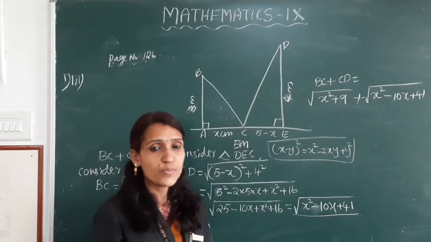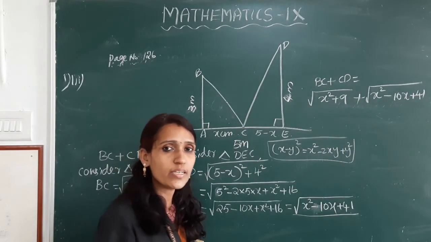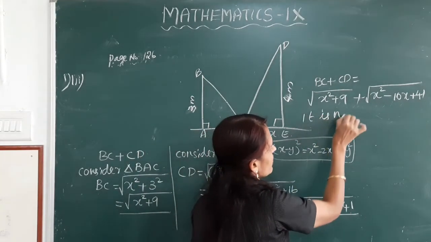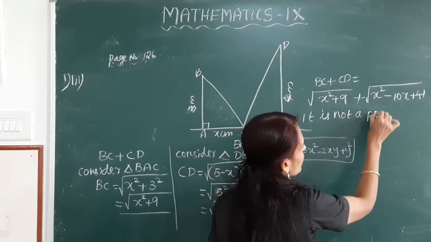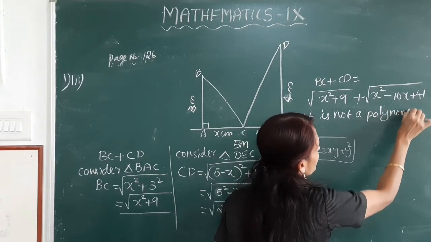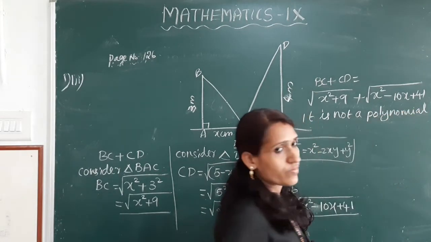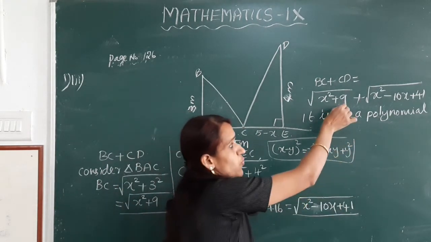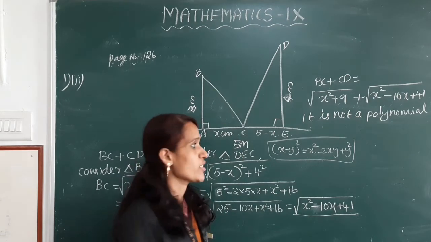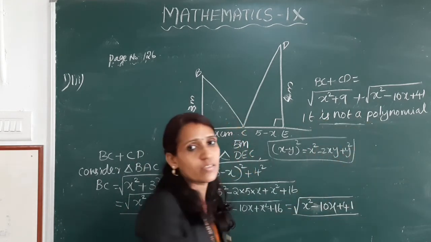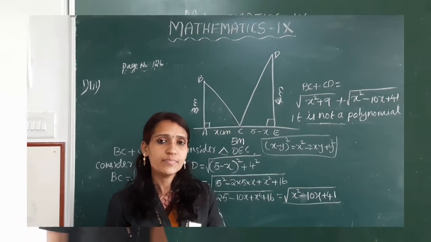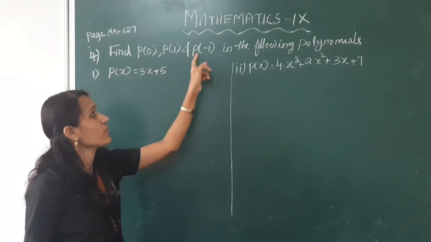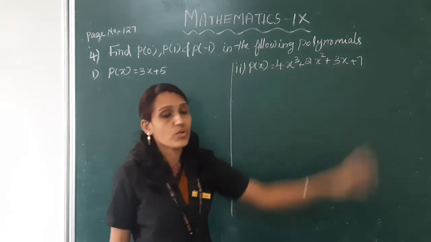This algebraic expression is not a polynomial, because it is a square root form, right? So it is not a polynomial. Clear, children? Next question. Find P of 0, P of 1 and P of minus 1 in the following polynomials.